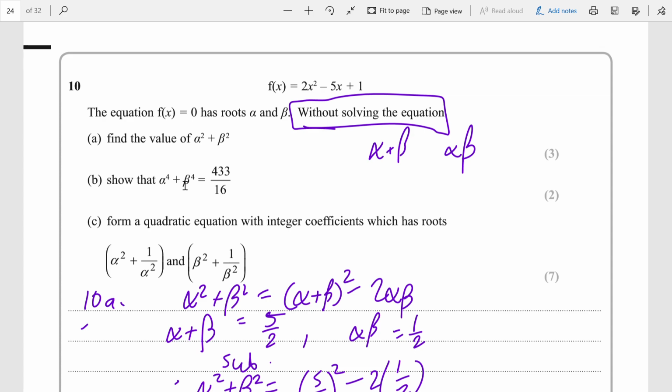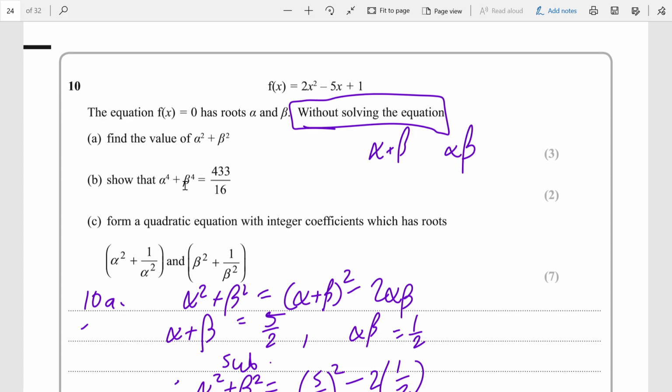I think I've actually read something on the internet about this type of question before, the sum of a certain power of a quadratic equation's roots.